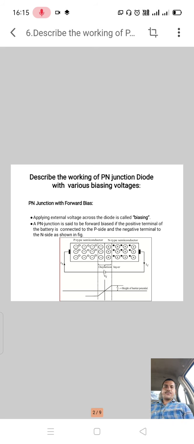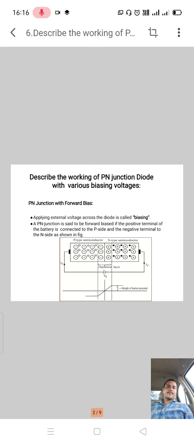And coming to the forward bias, applying external voltage across the diode is called biasing. A PN junction is said to be forward biased if the positive terminal of the battery is connected to the P side and the negative terminal of the battery is connected to the N side, as shown in the figure below.